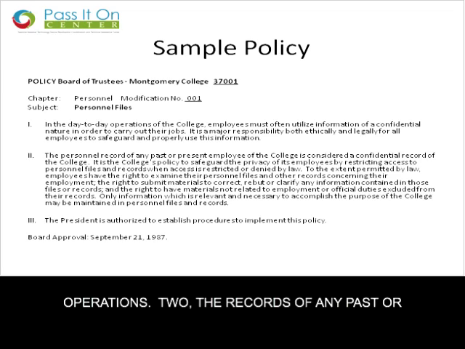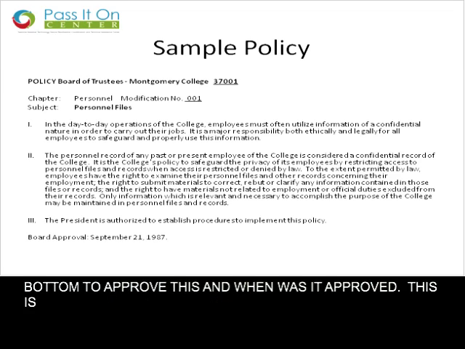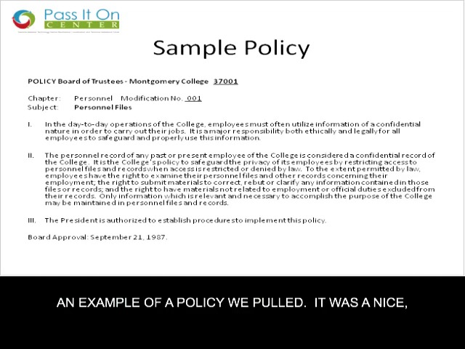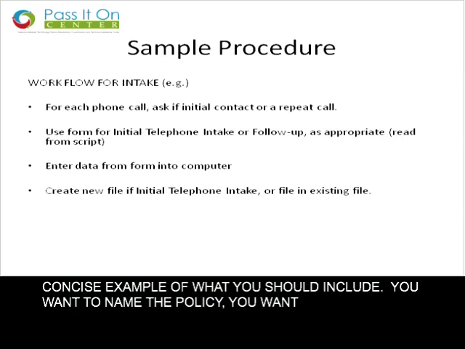Number 1, in the day-to-day operations of the college, and it talks about what must happen in the day-to-day operations. Number 2, the records of any past or present employee will be considered confidential records of the college. And number 3, the president is authorized to establish procedures to implement this policy. And then at the very bottom, it talks about who approved this and when they approved it.